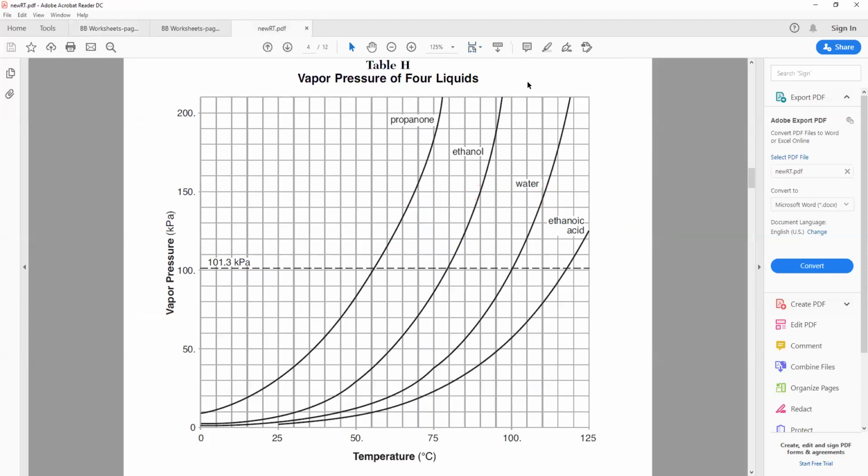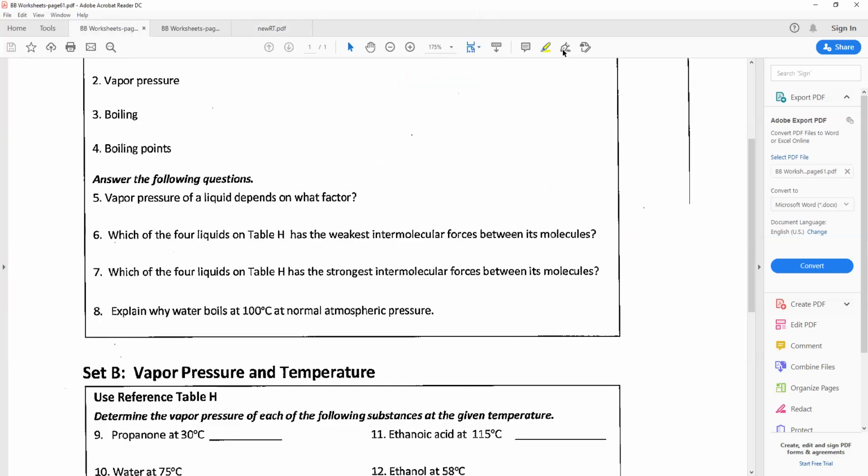And we wrote on our reference table, it's going to be propanone because no matter what the temperature is, it's always going to have the highest vapor pressure. So we said weakest intermolecular forces, highest vapor pressure, and it's propanone.